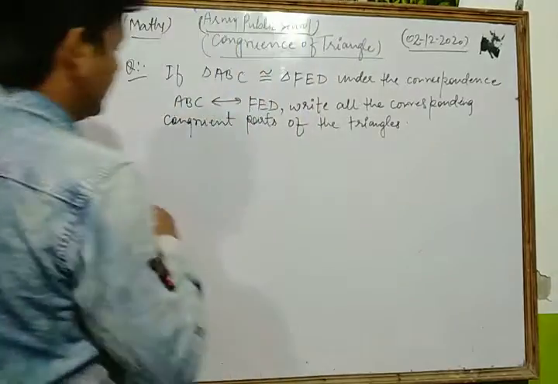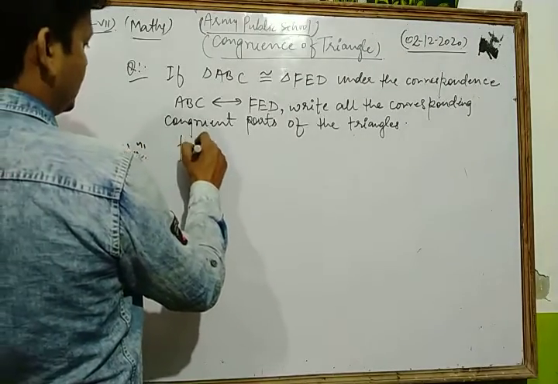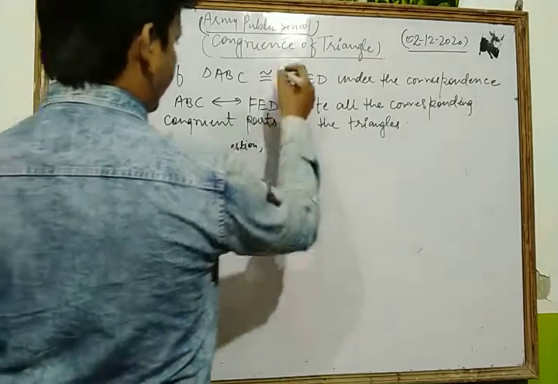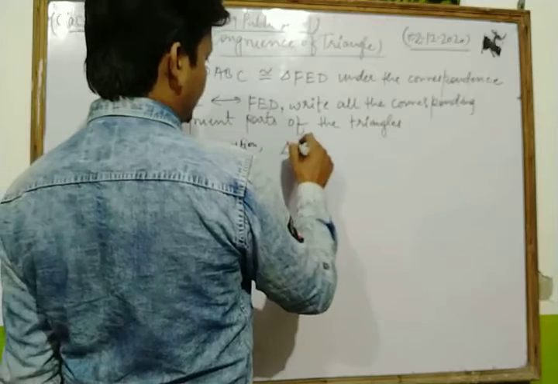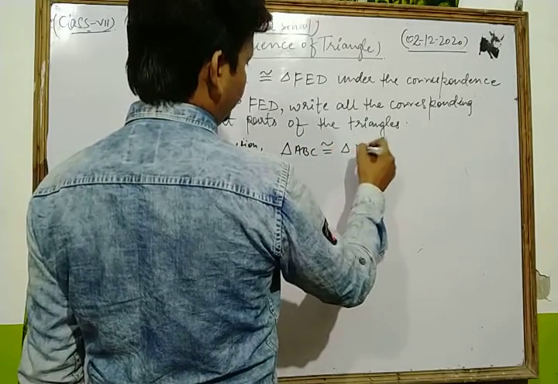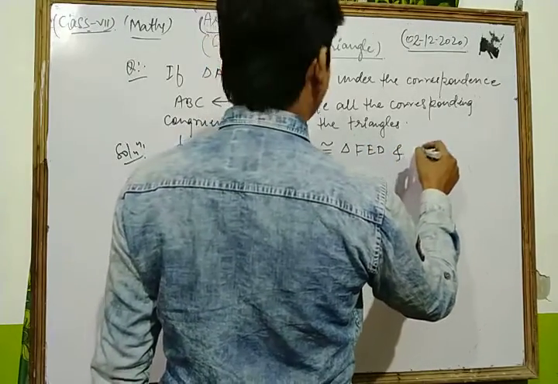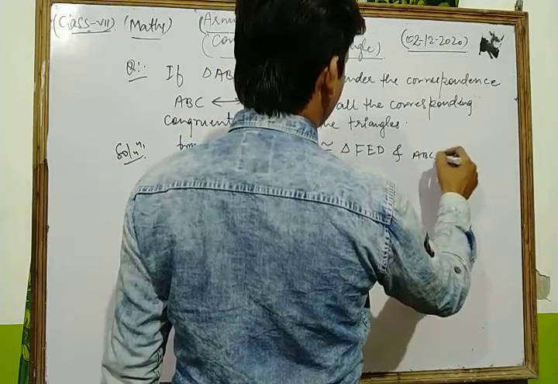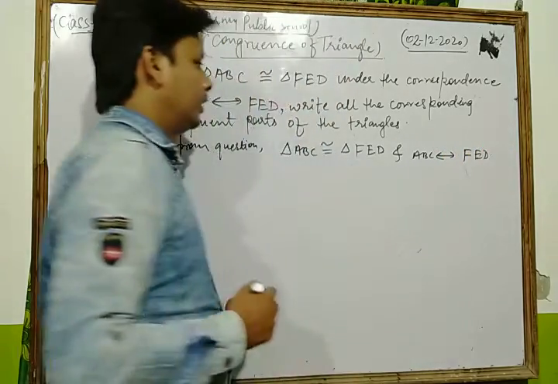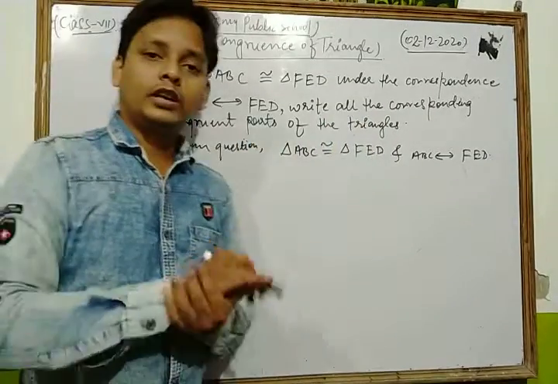Now let's see its solution. Dear student, from the question it is given that triangle ABC is congruent to triangle FED under the correspondence ABC to FED. We have to write all the corresponding congruent parts of the triangles.